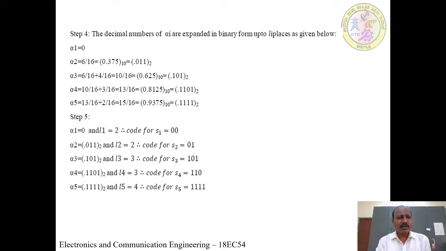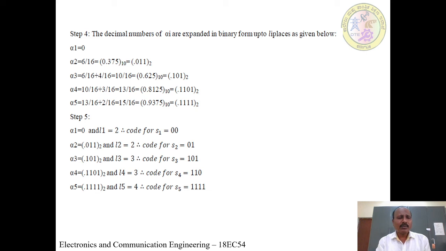Then alpha 2 equal to 0.011 and L2 is 2, and by neglecting the binary point and considering L2 as 2, the code for S2 is 01. Then alpha 3 equal to 0.101 and L3 equal to 3, therefore the code for S3 is 101. Then alpha 4 equal to 0.1101 and L4 equal to 3, therefore the code for S4 is 110.